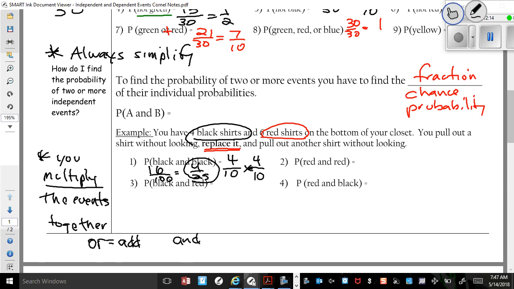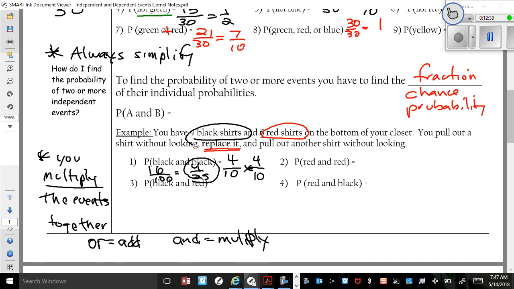Okay? So, or we add, and we multiply the events together.